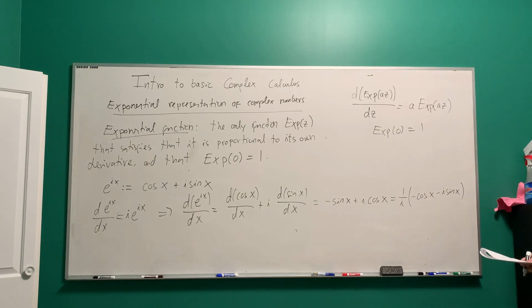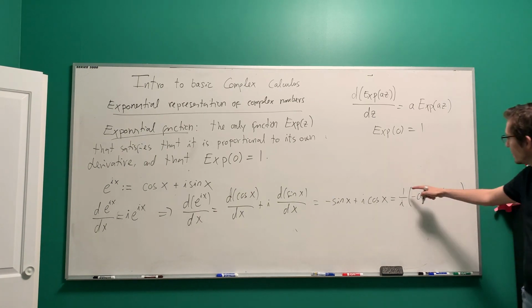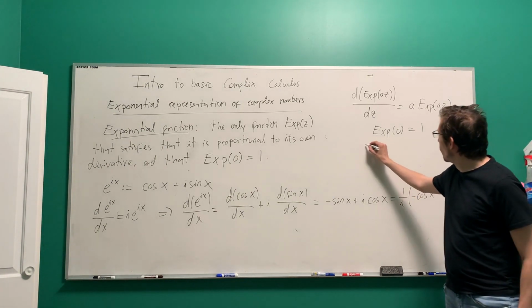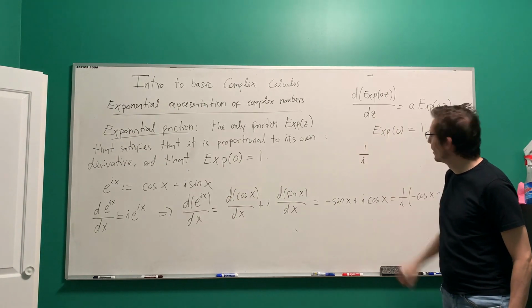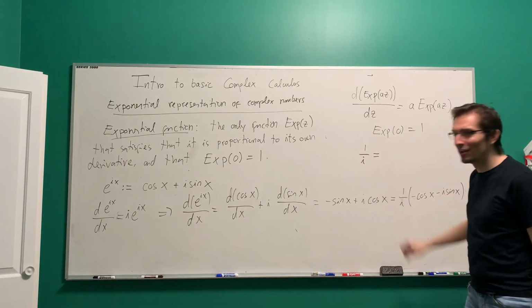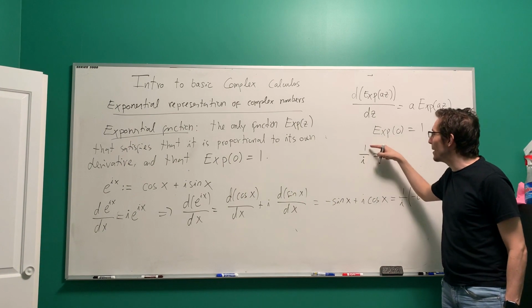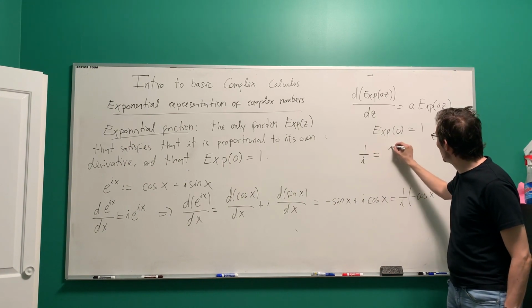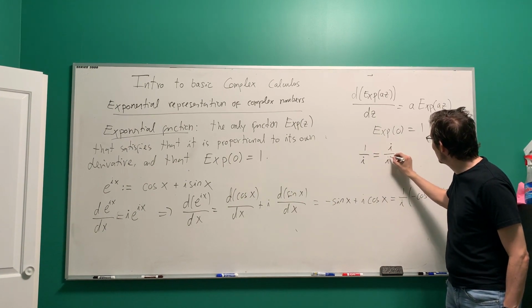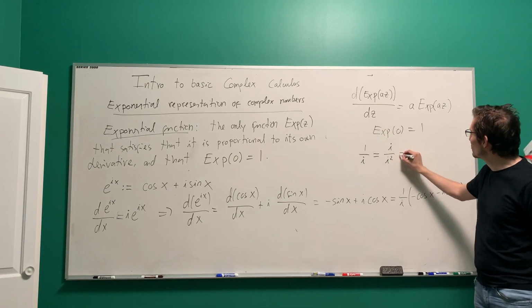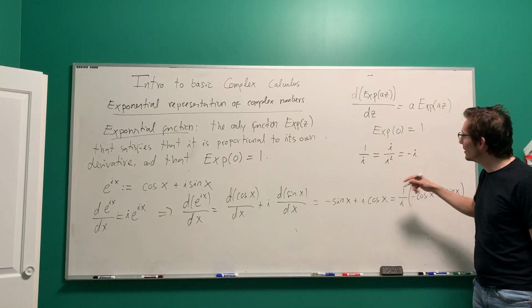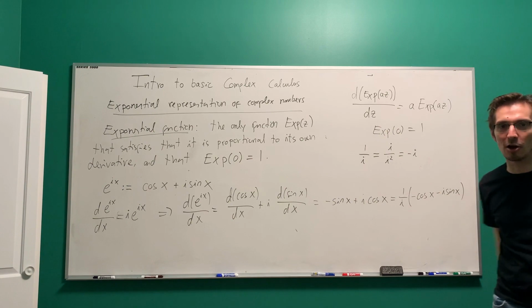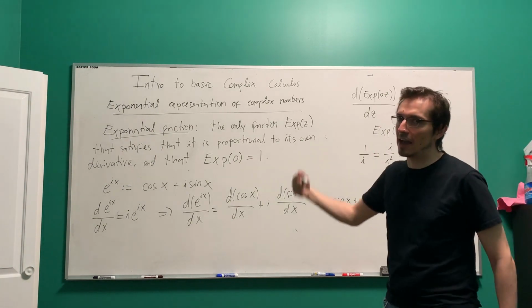But now realize something super cool. What is 1 over i? I can multiply numerator and denominator by i, and I would get i over i squared. i squared is minus 1, so it's minus i. The inverse of i is minus i, obviously, because minus i times i is 1.